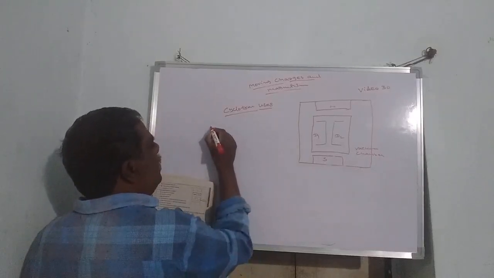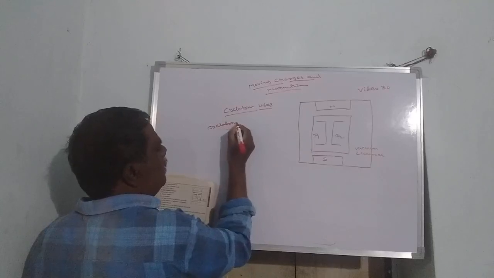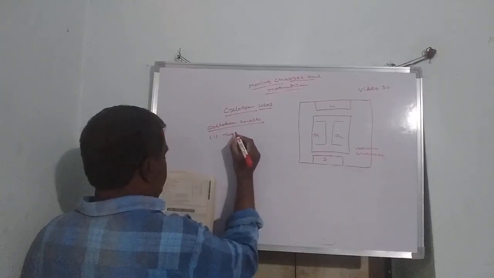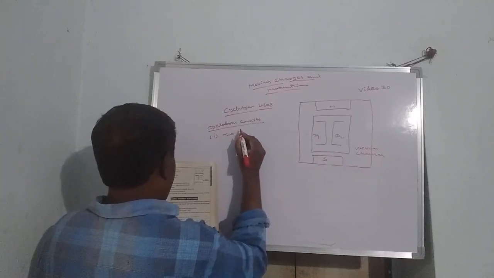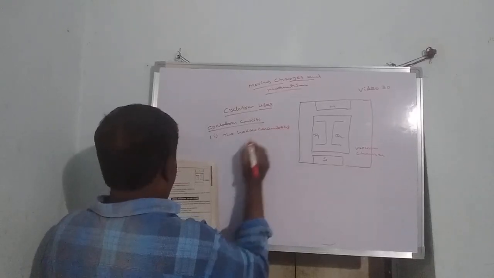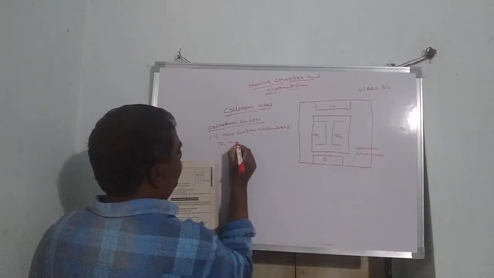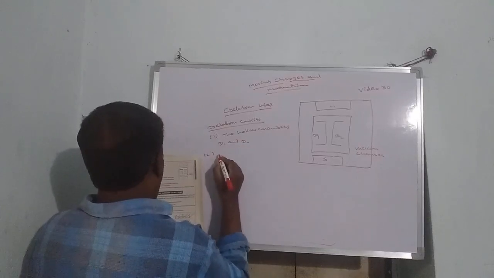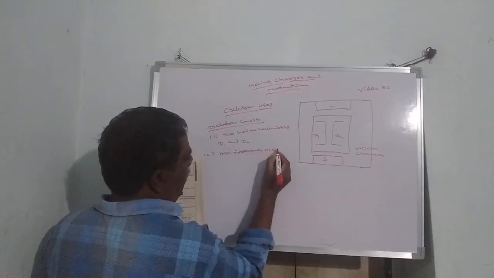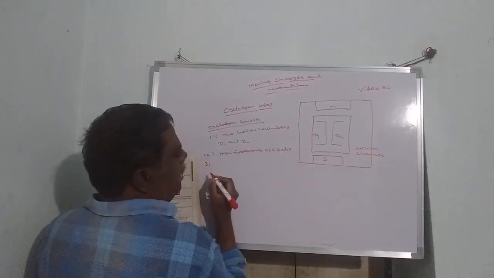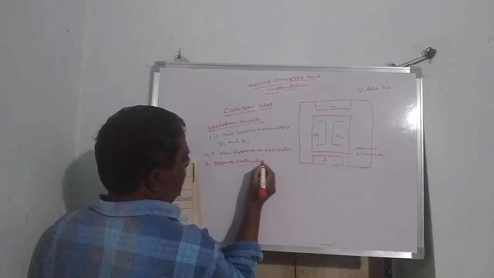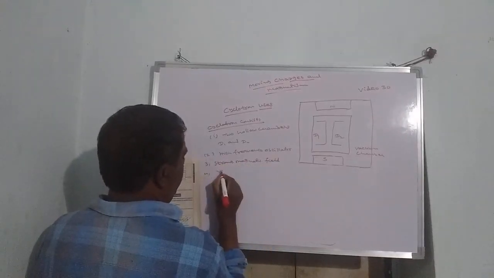So mainly cyclotron consists of two metallic hollow chambers D1 and D2, high frequency oscillator, strong magnetic field, vacuum chamber.